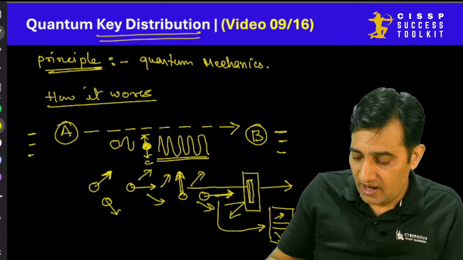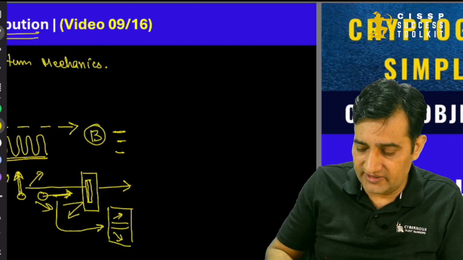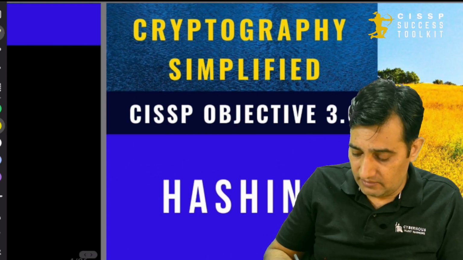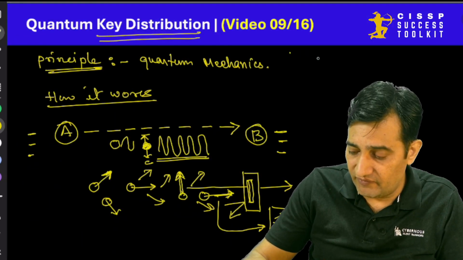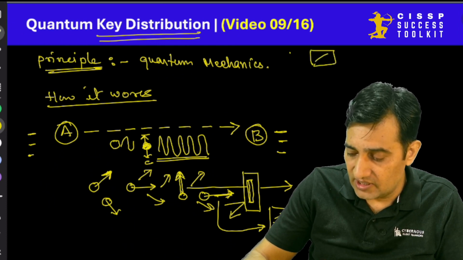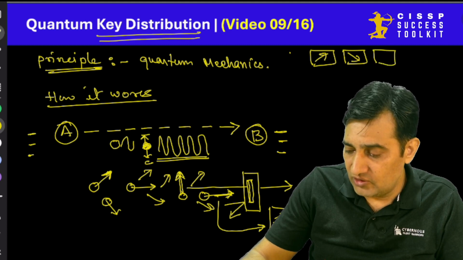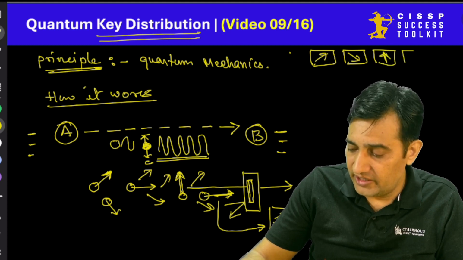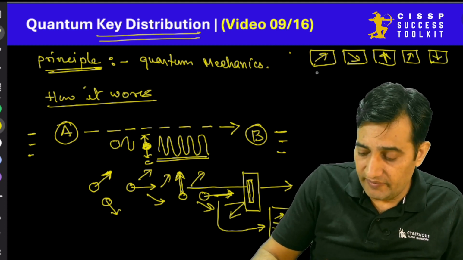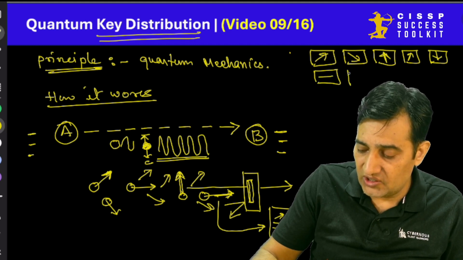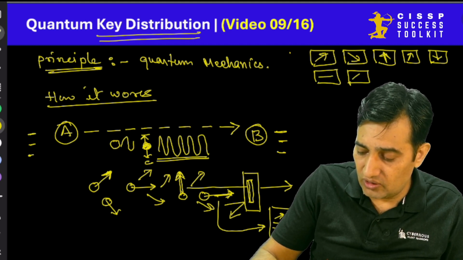Let's say you have sent some photons, then you send one vertical, then you send some other form, and then you send some horizontal. On the other side, they will be able to measure all this. Let's say they are not matching.